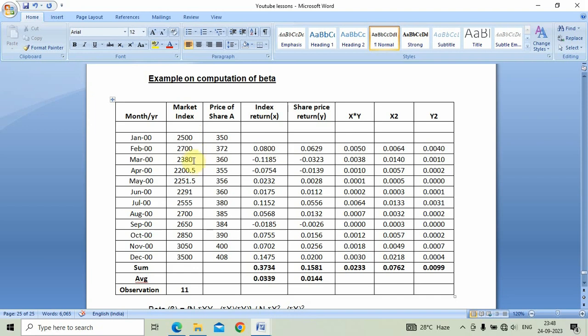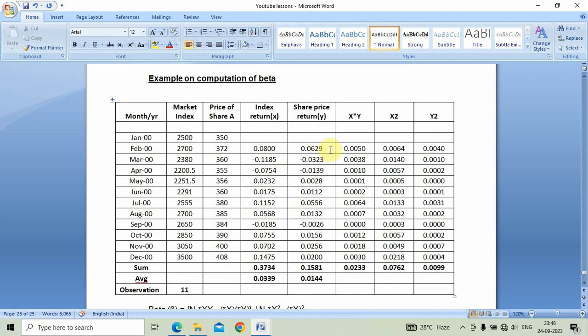Again, in March it is 2380. In February it was 2700. So 2380 minus 2700 divided by 2700. The value is negative. The index has decreased, so index return is minus 0.1185. This way we calculate the index return.